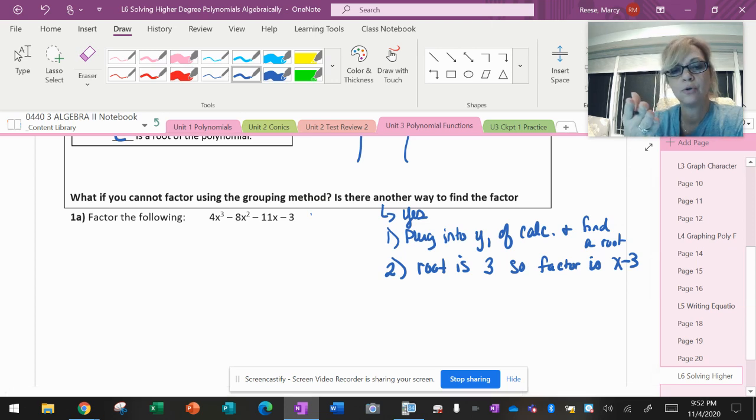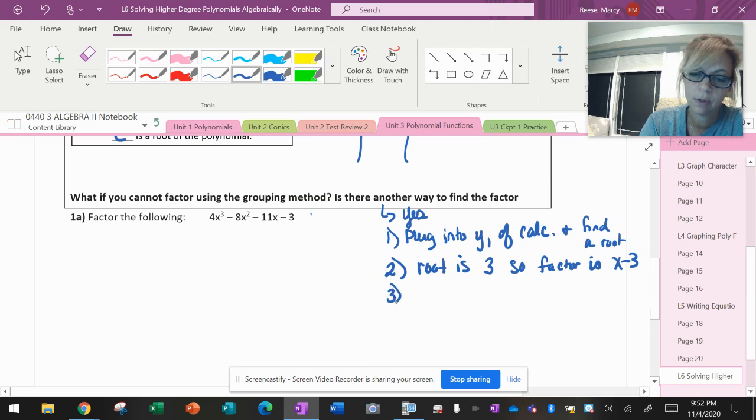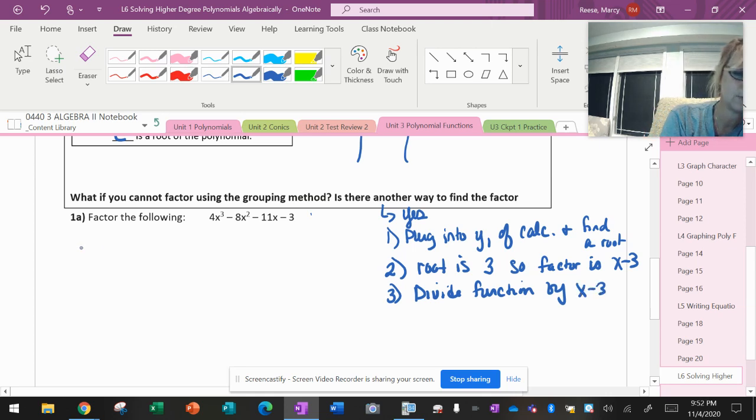And what I'm going to do is divide the function by x minus 3. So I'm going to come over here and break it apart. That's what we're trying to do.